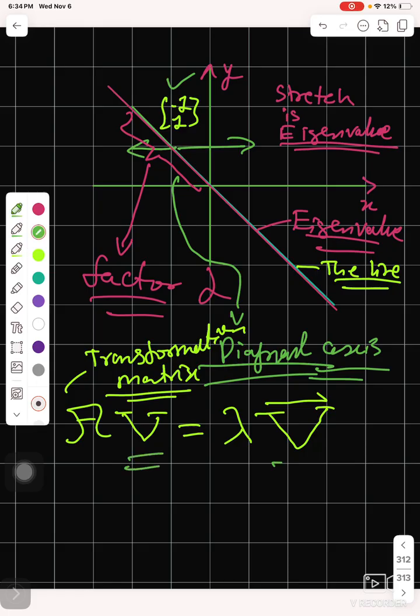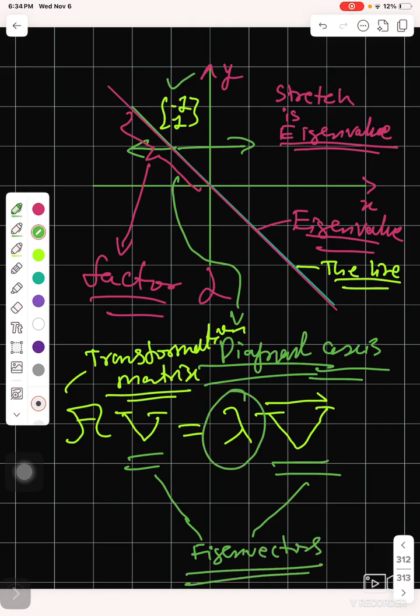So these v's are our eigenvectors, and this lambda tells us the amount with which we have to stretch so that the two sides of the equation equal each other.